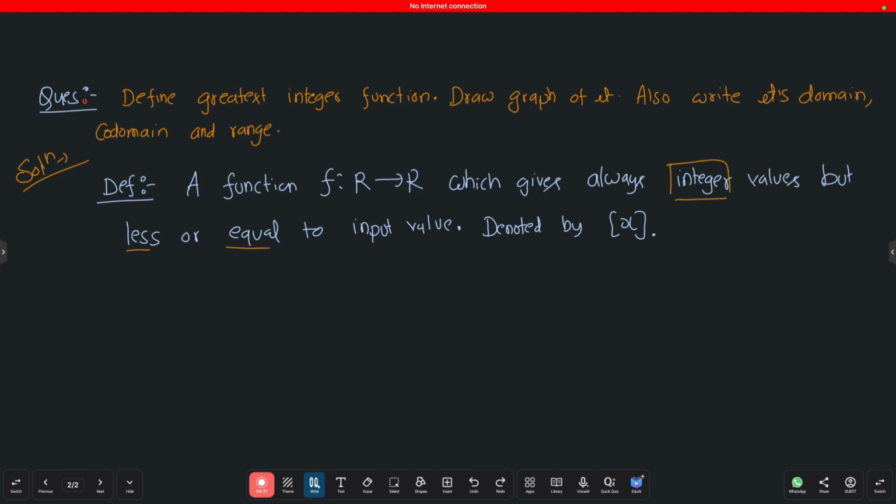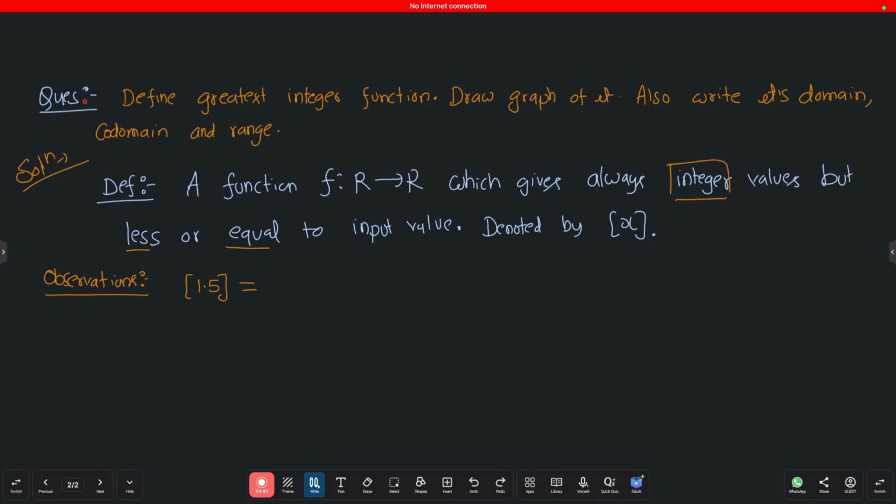So if I ask you some values, if I do here, can you tell me what is the answer of the greatest integer of 1.5?